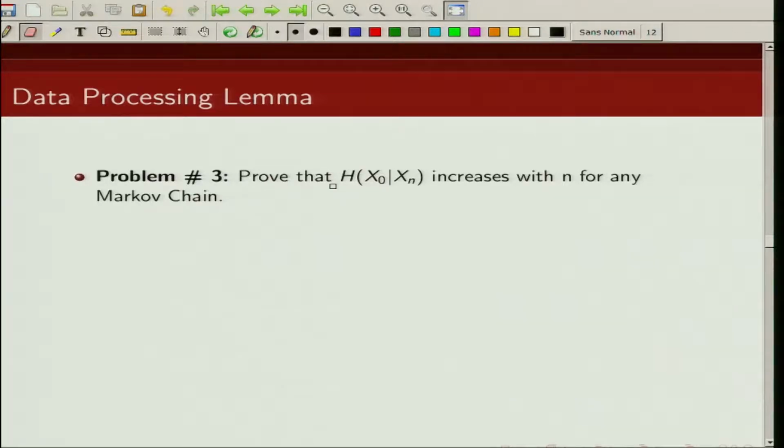We want to show that the entropy of x0 given xn increases with n for a Markov chain.